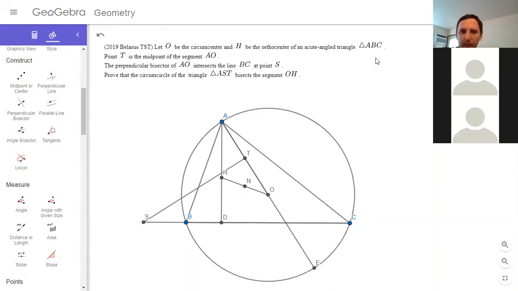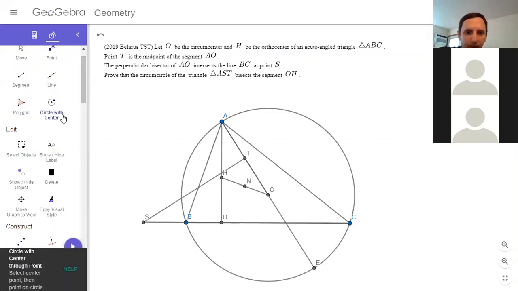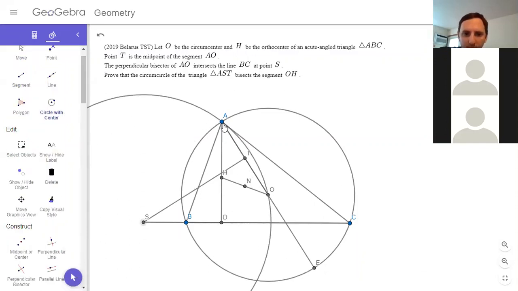Because the circle with center S and radius SA is a circle through A, O, the reflection of O across BC. Let me draw this. So, okay, S lies on the perpendicular bisector of AO, and so SA is equal to SO. And then it also passes through the reflection of O across BC, is what you're saying.